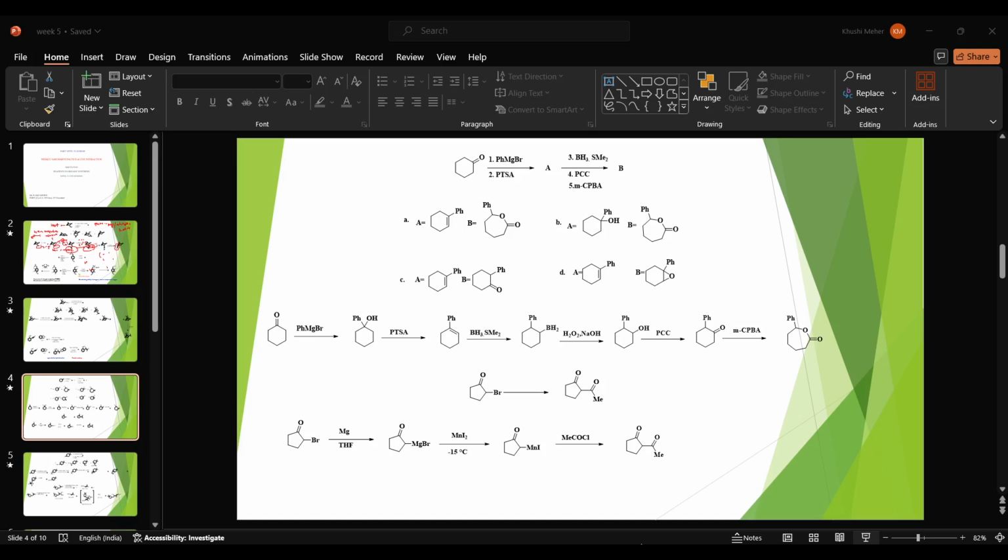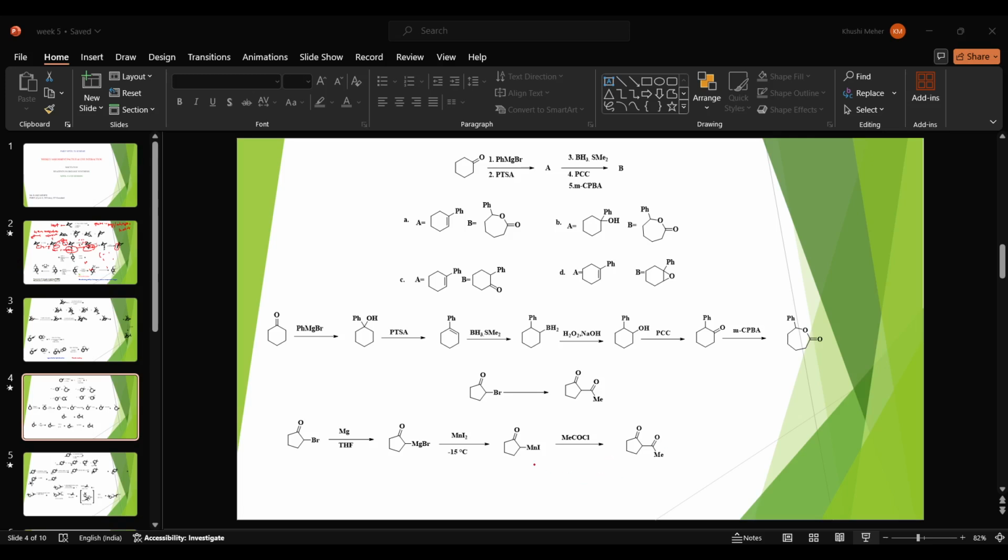Acetyl chloride, and we'll get our corresponding 1,3-diketone. That's it. Suppose you don't use manganese iodide, then what will happen? It will form the diketone first. And after that, what will happen? The magnesium reagent will attack our keto group also, and you will get some byproduct also.